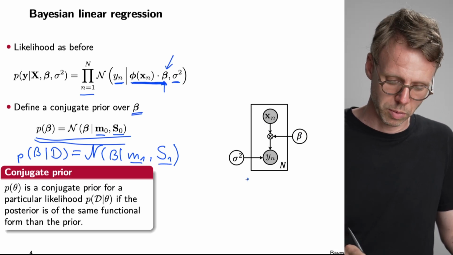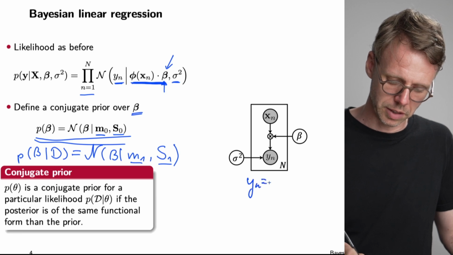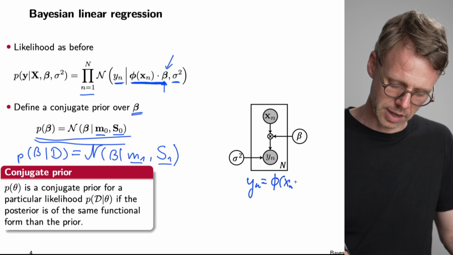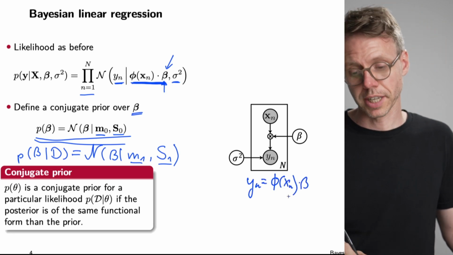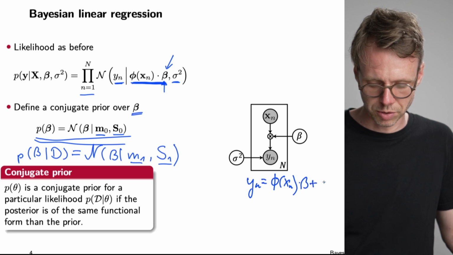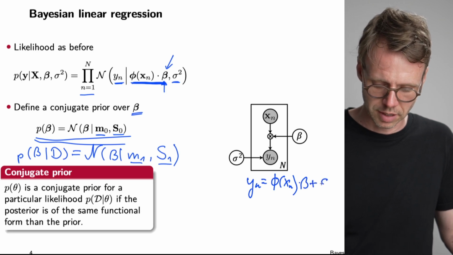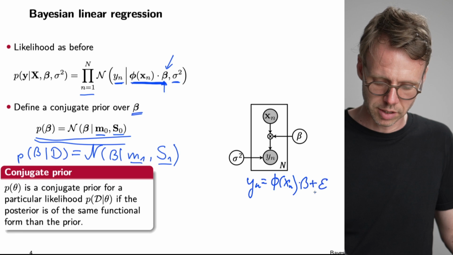So yn equals our phi of xn times beta, or not exactly, because we also assume that we have Gaussian noise.